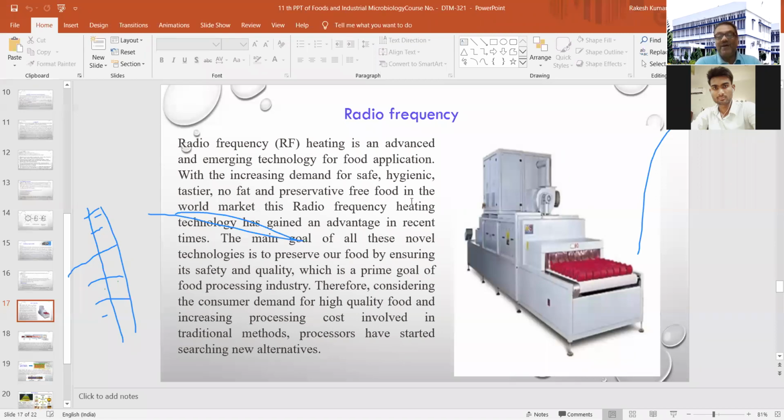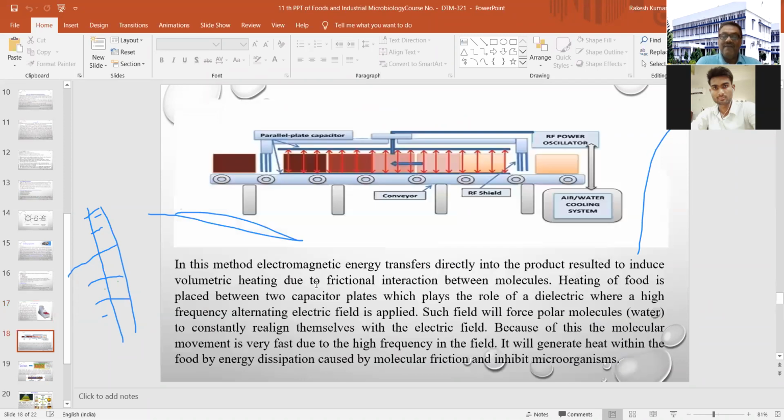And for prolonging the shelf life of that kind of formulation, you need this kind of technology. Just because of this, people have started using this technology.